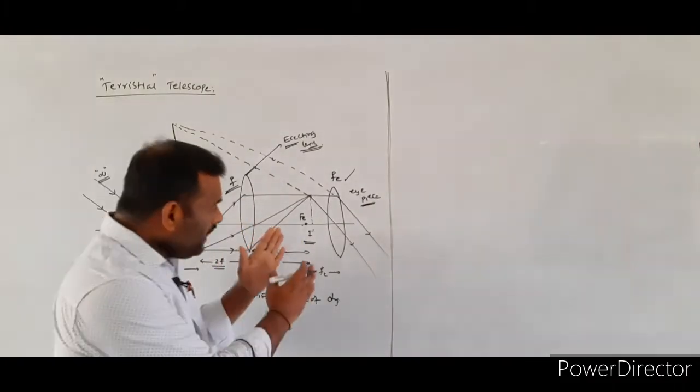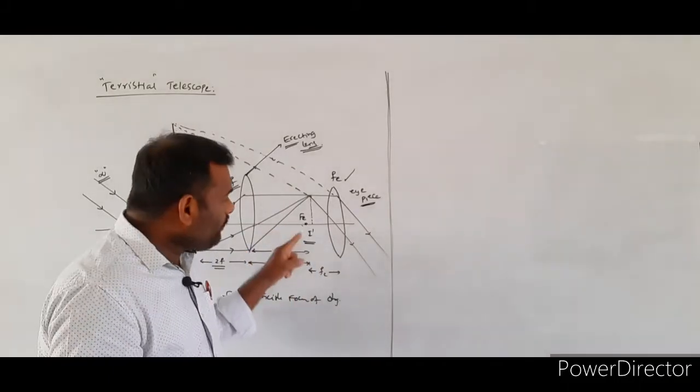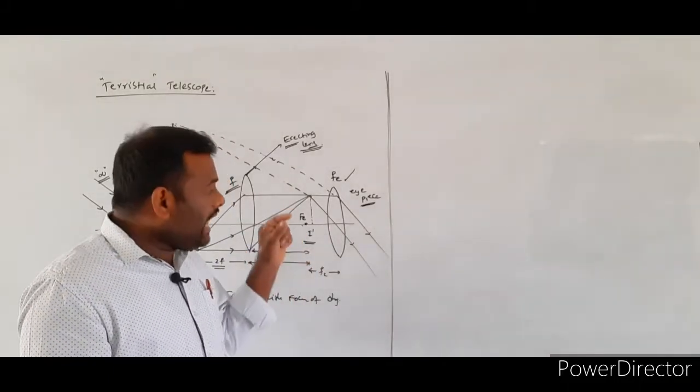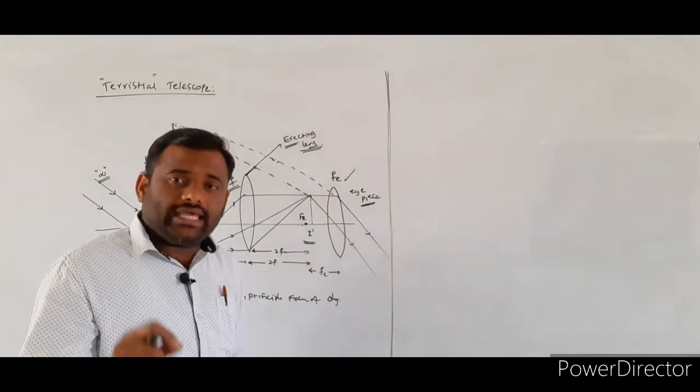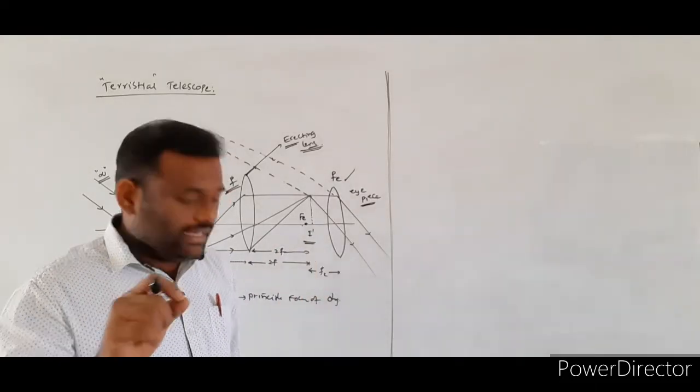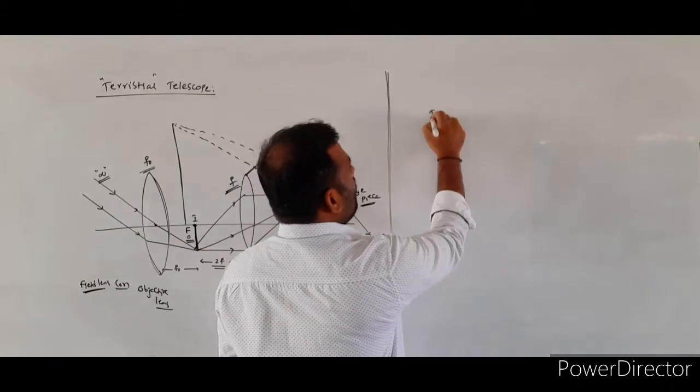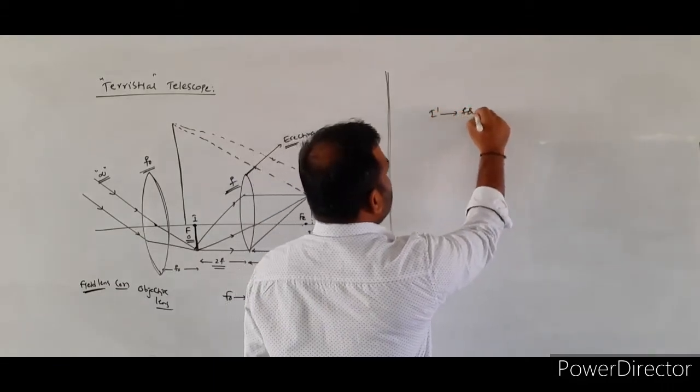Now, we made the arrangement again. Where will the I dash be formed? The I dash will be formed within the focal plane of the eye lens.